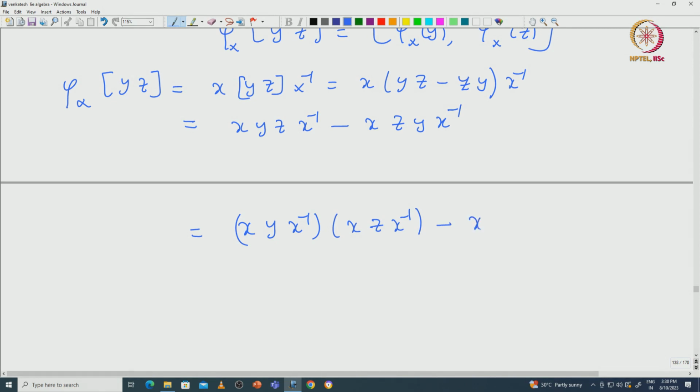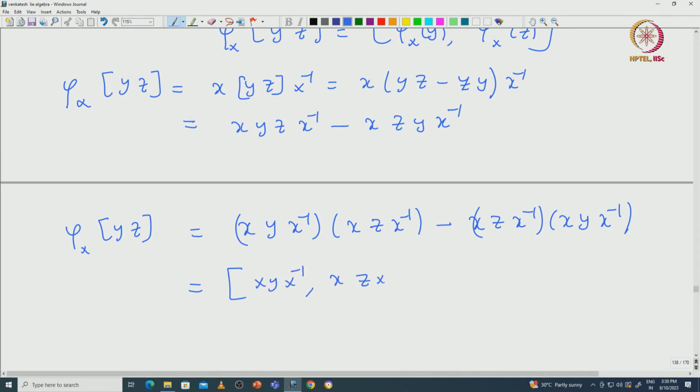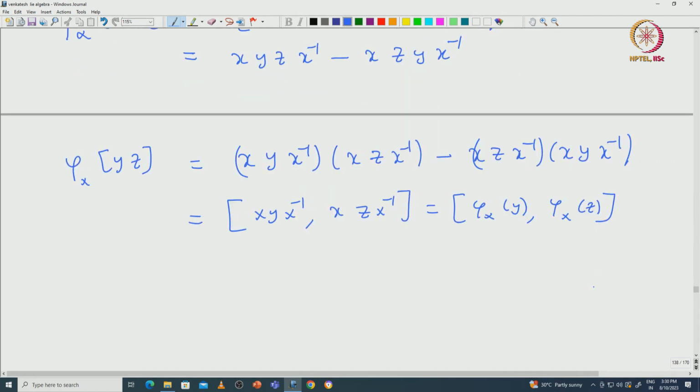The second term will be x z x inverse and then x y x inverse. So, phi x of the bracket y z is equal to the bracket of x y x inverse and x z x inverse, which is nothing but the bracket of phi x y and phi x z. So, this proves phi x is a Lie algebra homomorphism.